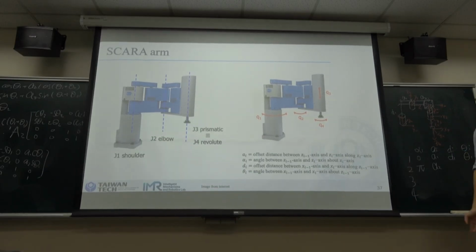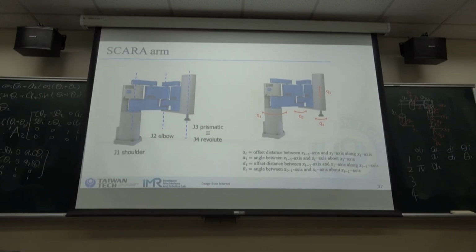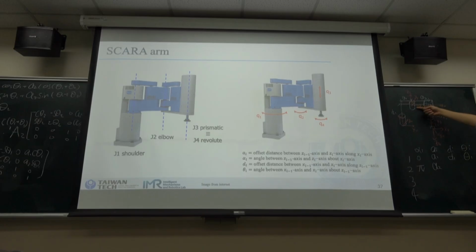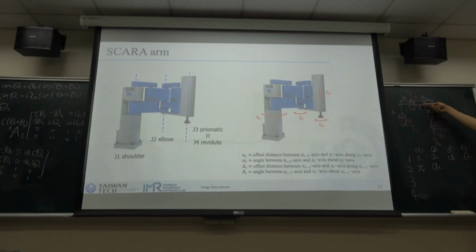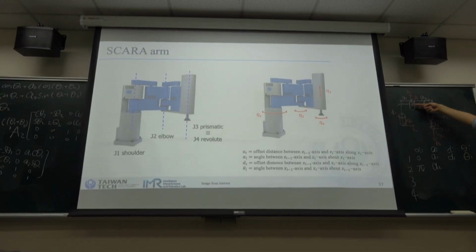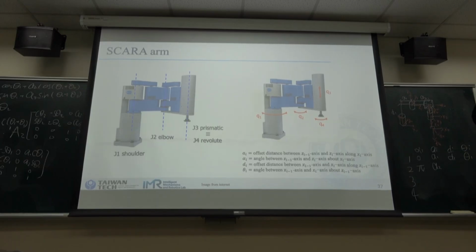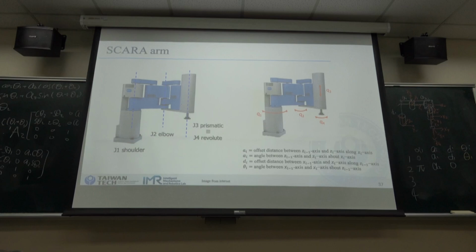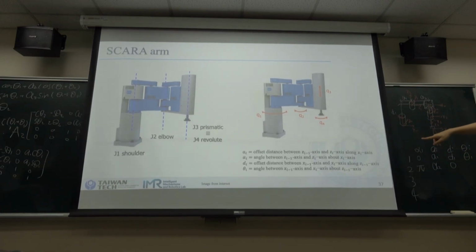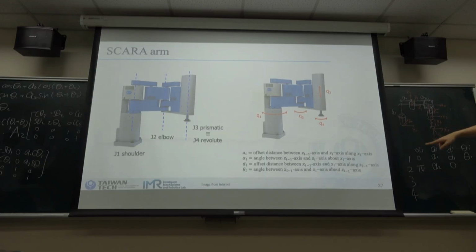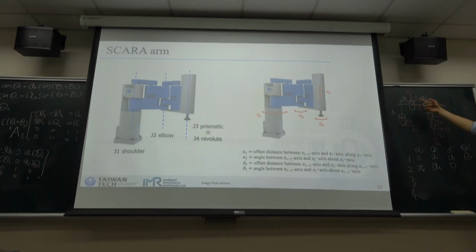And d is the offset distance between x1 and x2 along Z1. There is no offset distance because they are in a straight line, so d is 0. And theta 2 is the rotation of x1 to x2 about Z1.